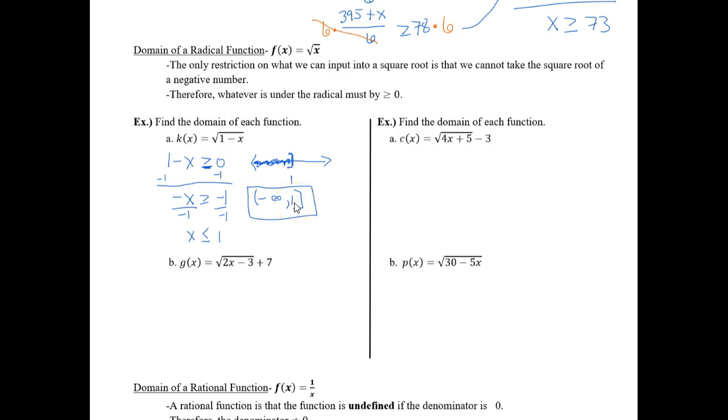If you're ever unsure if you found the correct domain, you can test some values, right? If I put in, say, negative 2, you might worry that, well, negative 2 is a negative number. That doesn't make sense. How can I put in negative 2? Because I thought that this had to be positive.